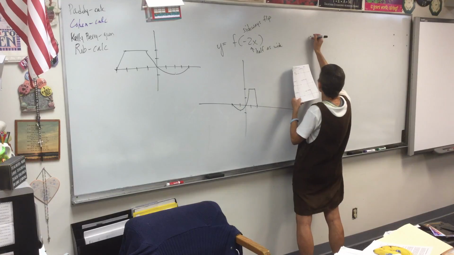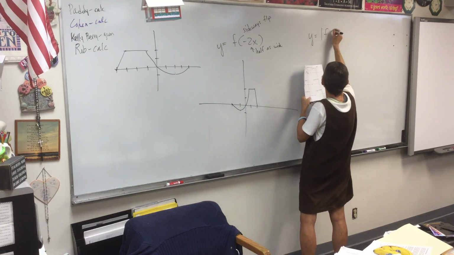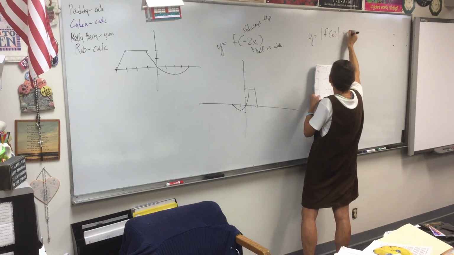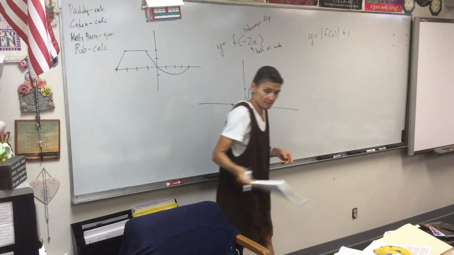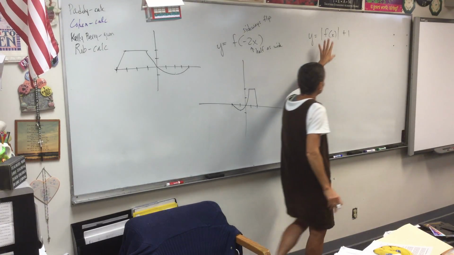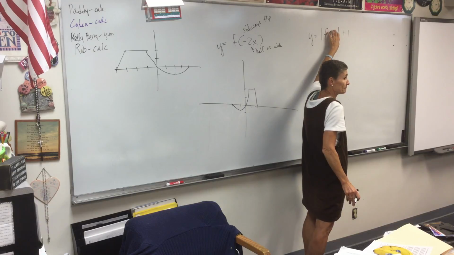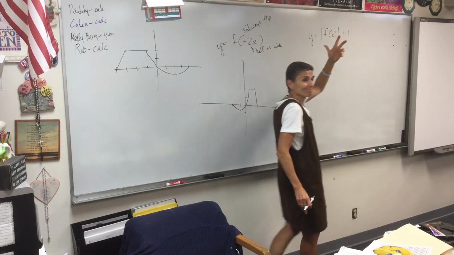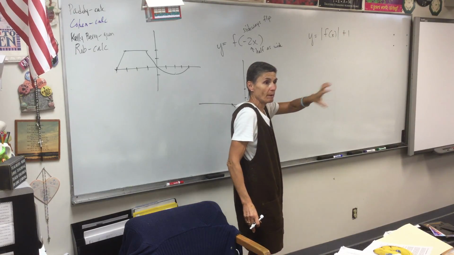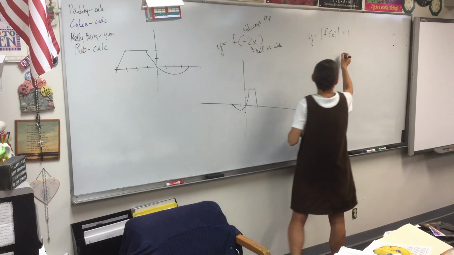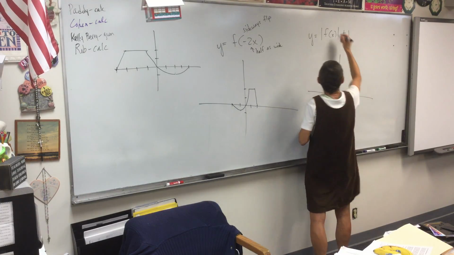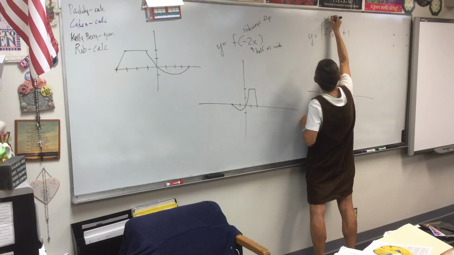Now, 2 things are happening in B. And this is one that I'm going to do in 2 steps. Who remembers what this does? Bottoms up. Everything that's on the bottom is going to get folded up to the top. So I'm going to do that first. Okay? So this is bottoms up.